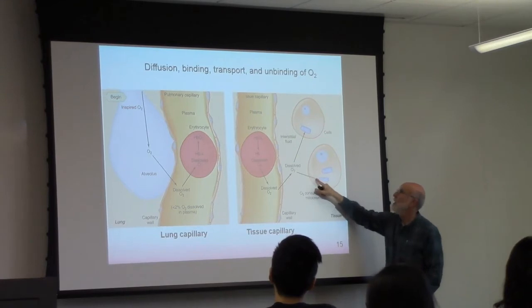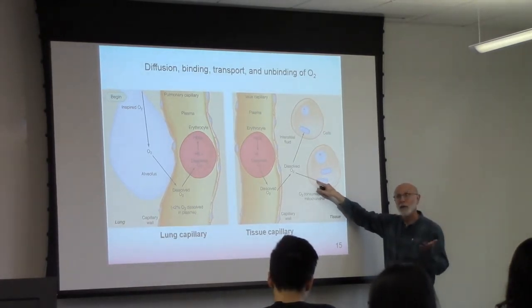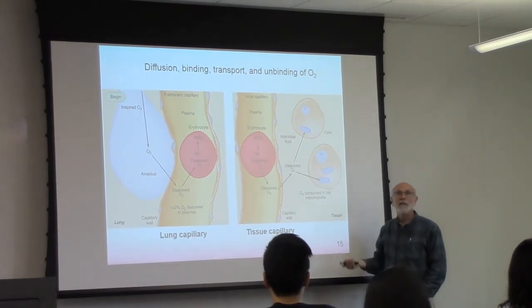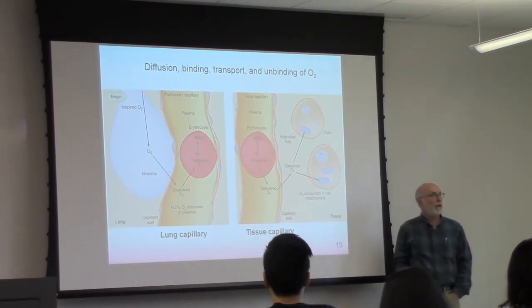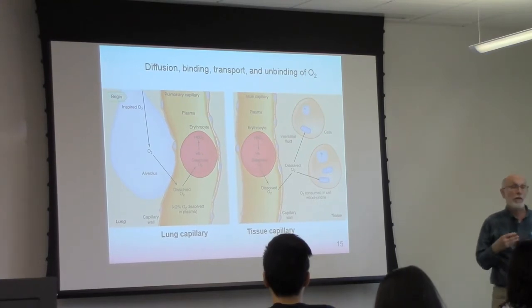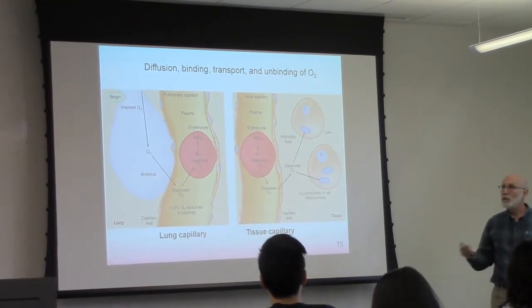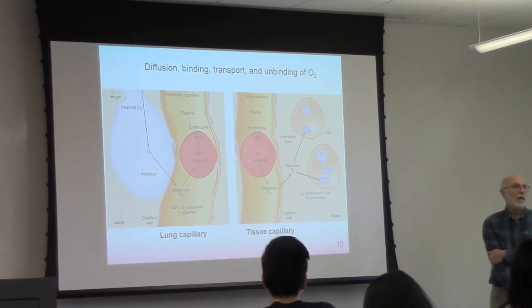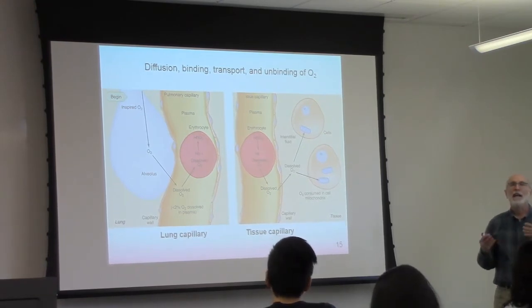Diffuses through the cell membrane, diffuses through the mitochondrial membranes into the mitochondrial matrix, where it is the final electron acceptor for cellular aerobic respiration. So you could tell me a detailed story of oxygen too, and it has only slightly less information than the carbon dioxide. It's just slightly less complicated.